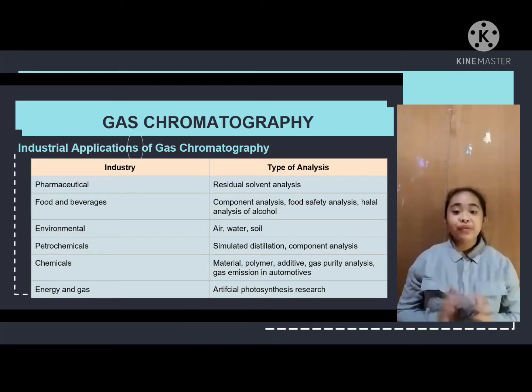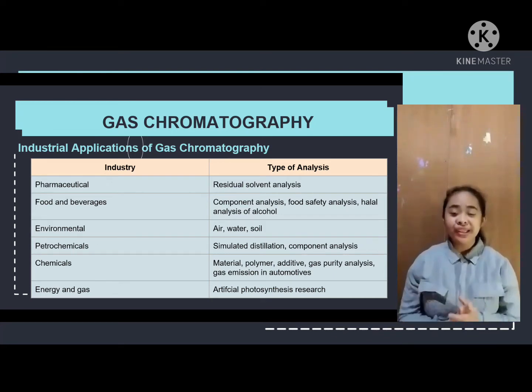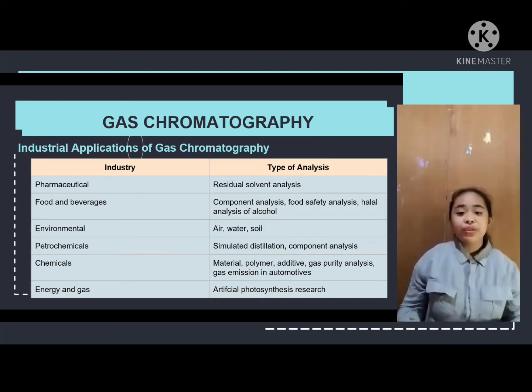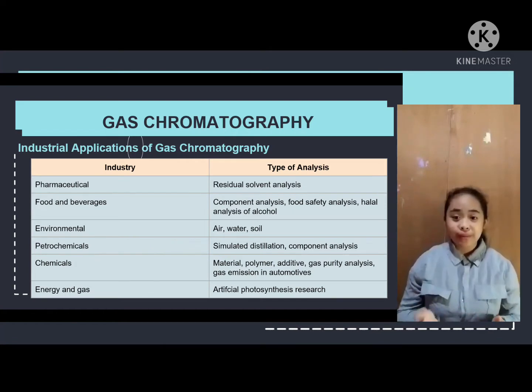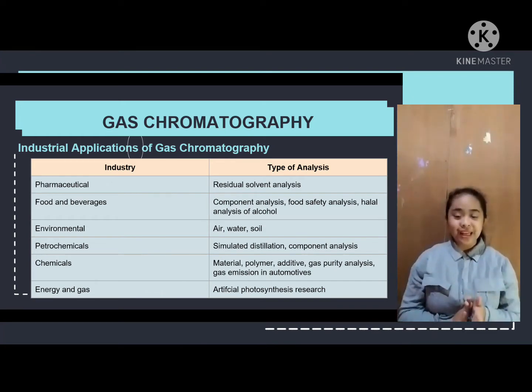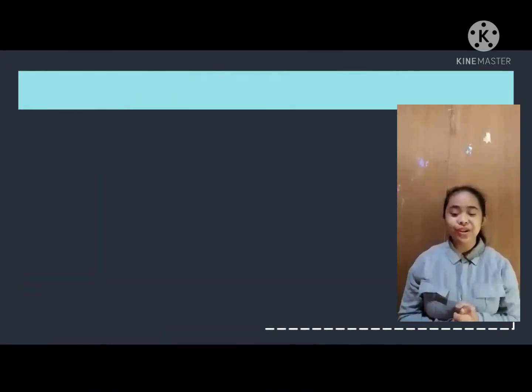We also have the environmental field, in analyzing the air, water, and soil, and petrochemicals, in the analysis of simulated distillation and component analysis. We also have the chemicals industry, in analyzing materials, polymers, additives, gas purity analysis, and gas emissions in automotives. We also have energy and gas for artificial photosynthesis research.